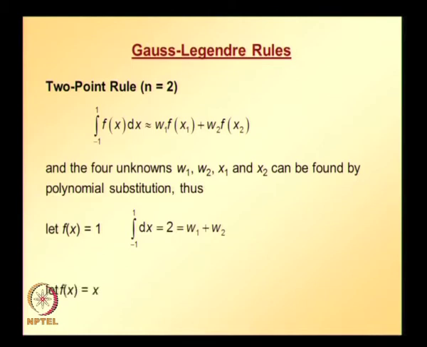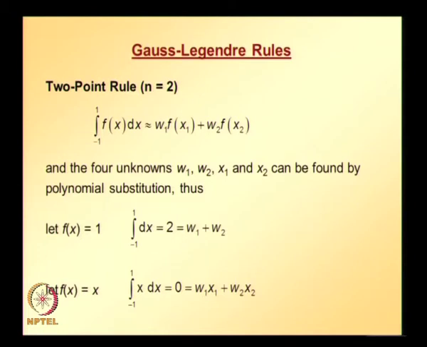Similarly, for f(x) is equal to x, again x is an odd function, and we are integrating over a symmetrical domain, so the integral turns out to be 0. f(x) is equal to x means the function evaluated at x1 is going to be x1, and the function evaluated at x2 is going to be x2.